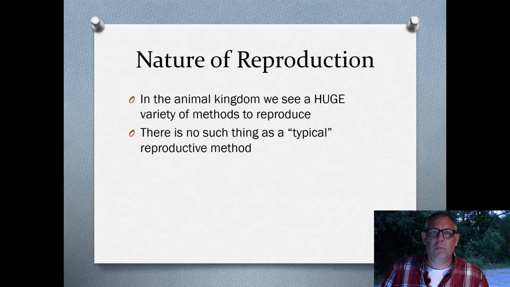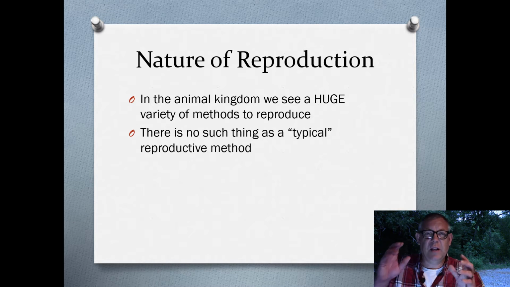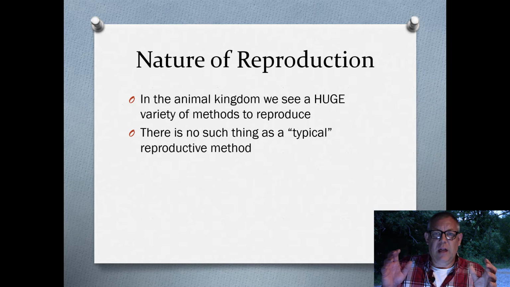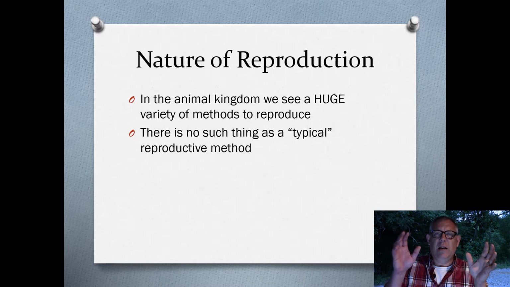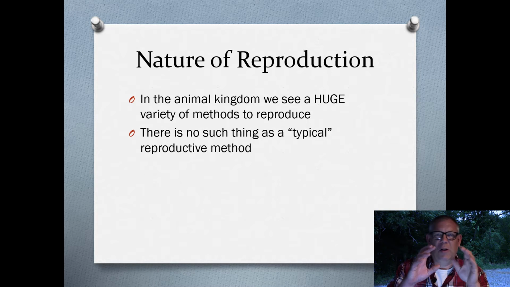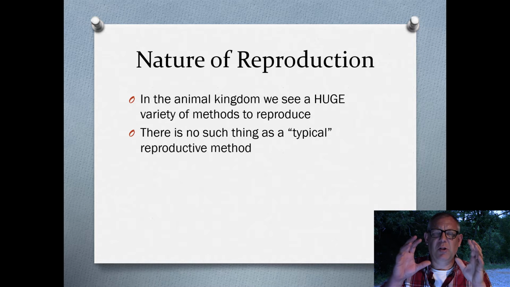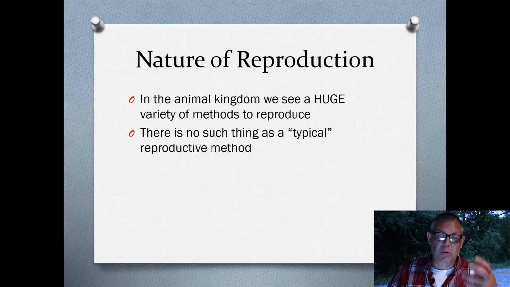So again, one of the things that I love about biology is that there's just so much variety, and there's so much, I don't want to say creativity, but there's just so many different ways to accomplish the same goal. And it's interesting, these different solutions to common problems. And so we see a huge variety in the ways that organisms and animals reproduce, right?